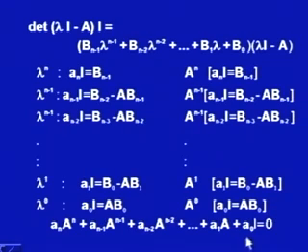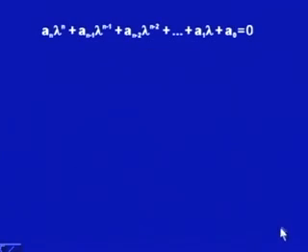So, this equation is obtained, and this is equal to 0. This is a matrix equation equal to 0. This is the characteristic equation which we had, a_n lambda^n plus a_(n-1) lambda^(n-1) plus ... plus a_1 lambda plus a_0 equal to 0, and what we have obtained is a_n A^n plus a_(n-1) multiplied by the matrix A raised to power n minus 1 and so on.